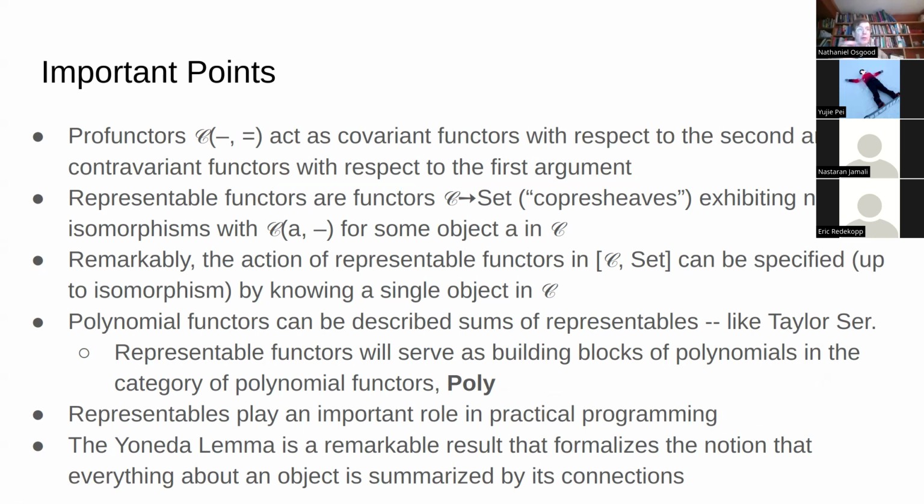And so they play this kind of role of building blocks, the natural building blocks by which we cleave up the world, out of which we build more powerful functors. They bundle together things that kind of go together.